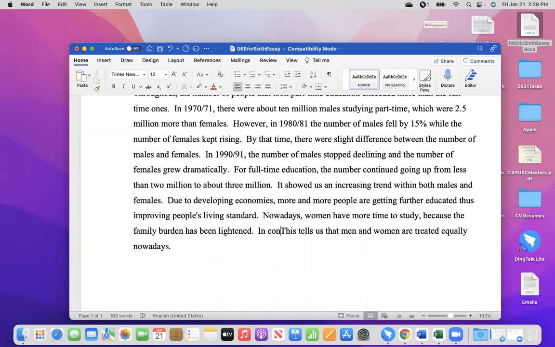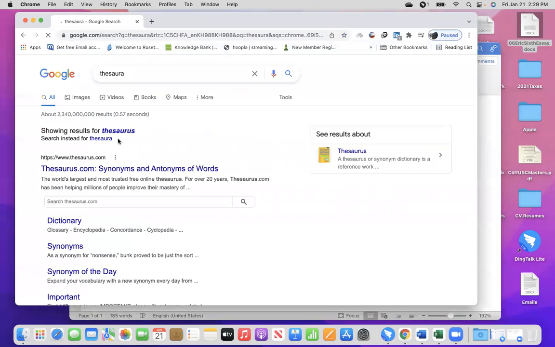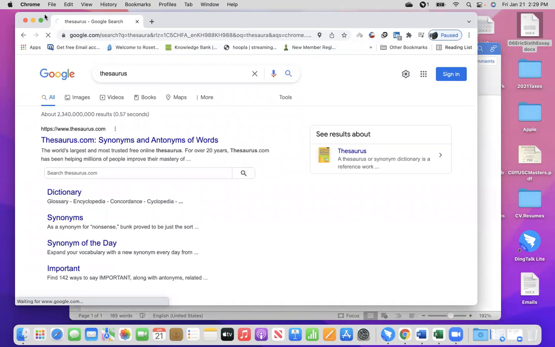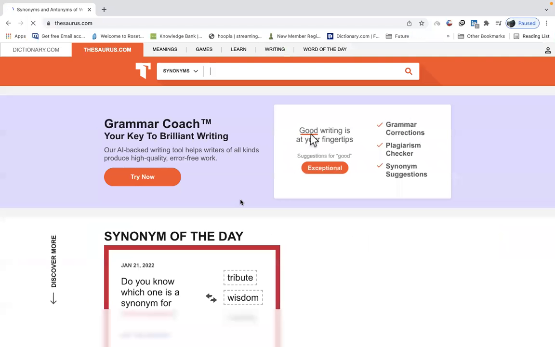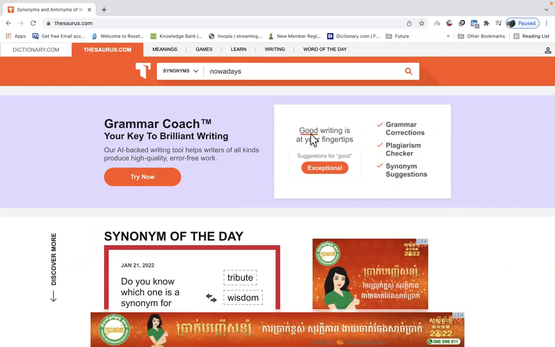Then, in conclusion, this tells us, excellent, using we and us. So in conclusion, this tells us that men and women are treated more equally. Oh, we already used nowadays. So what's another word for nowadays? Let's go to our trusted thesaurus. I don't think you're going to have this benefit on the IELTS, but it helps you with your grammar.